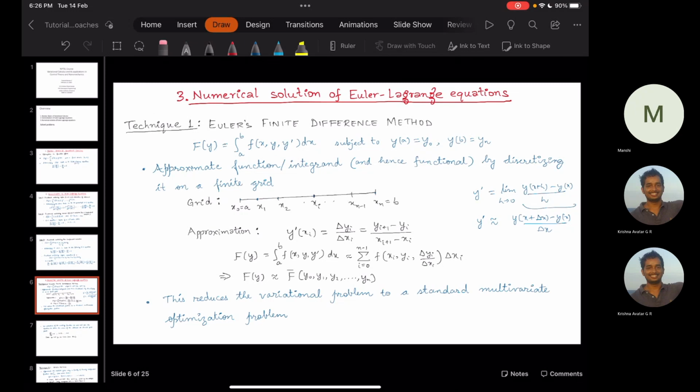So after approximating the function in the integrand, we are left with a variational problem which has been reduced to a standard multivariate optimization problem. If I ask you how many variables there are, there are n plus 1 variables. You'll ask what they are: they are nothing but y0, y1 to yn.